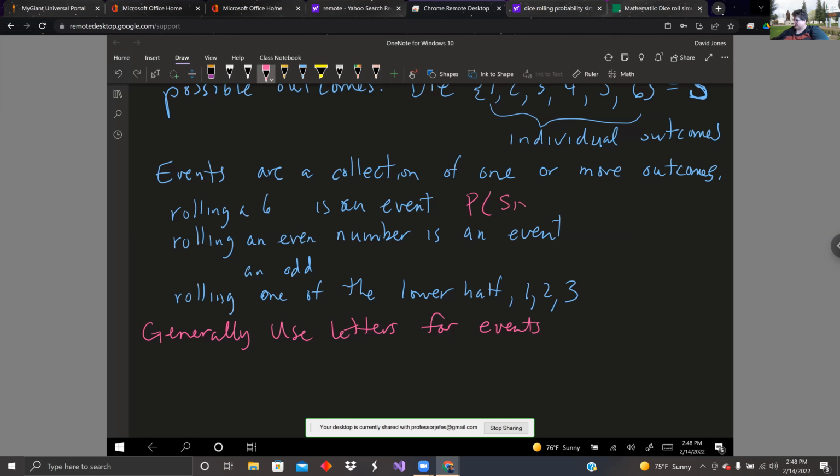Maybe spell the word 6. Here I could say probability of even, or I could say probability even with an E because I'm just using the first letter. Maybe doing it with an odd, I would say probability odd or an O. Maybe for lower half, I'd say probability of lower half, use 2 letters. So that's how we do naming schemes and stuff like that.